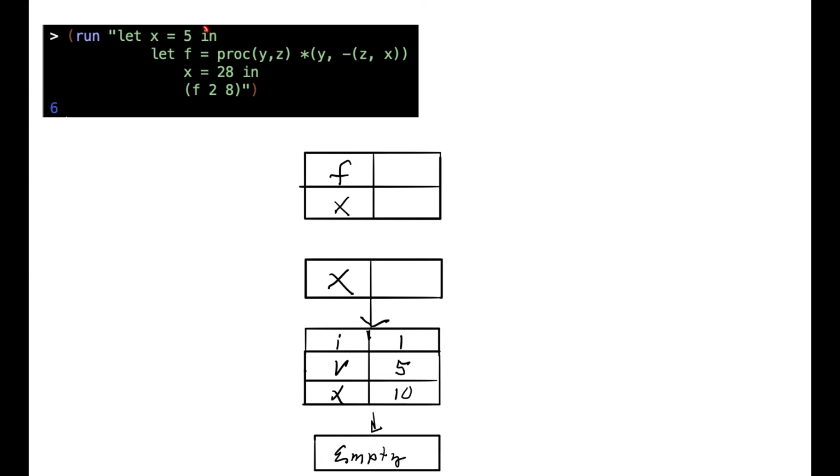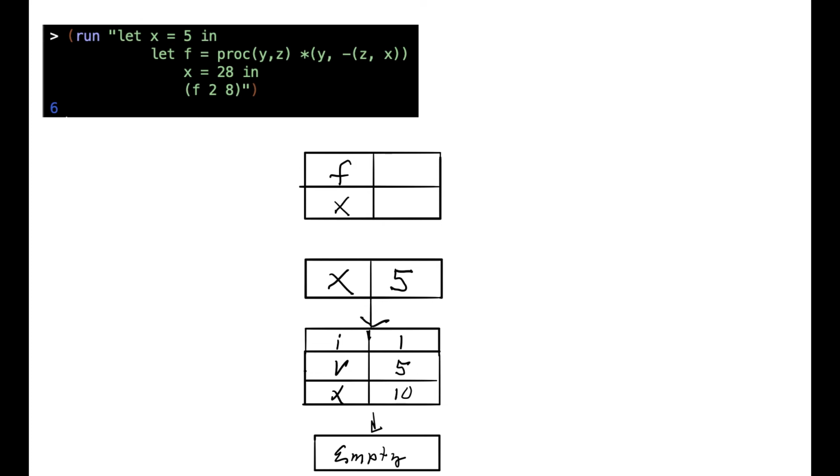But now this let expression, the first thing it does is declare a new variable x, and it sets that equal to 5. So it extends the current environment that has I, V, and X in it with x being equal to 5, and then it moves on to execute the body inside of that environment.